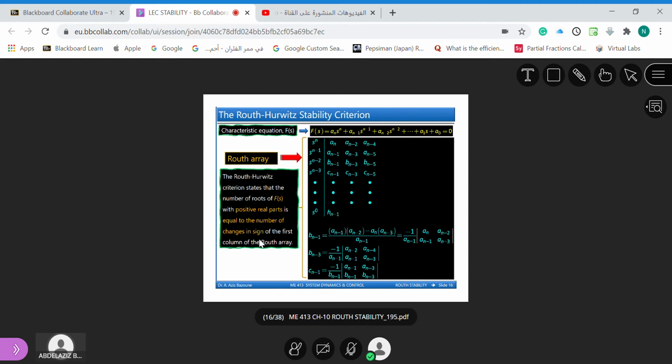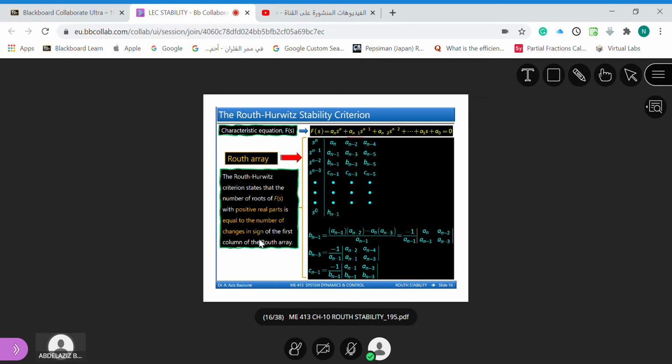You can just say it starts with an for s to the power n. Then I jump the next one and take an minus 2, then I jump the next one and take an minus 4, and so on. When I reach s to the power n minus 1, it will start with an minus 1.